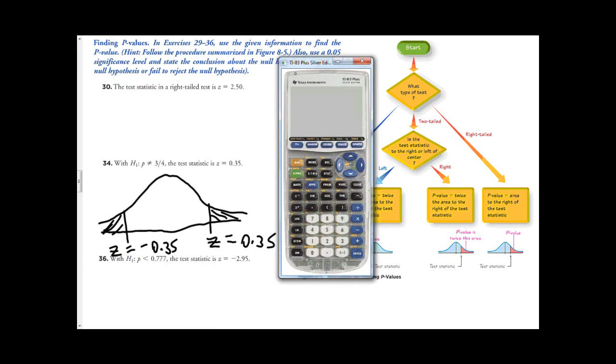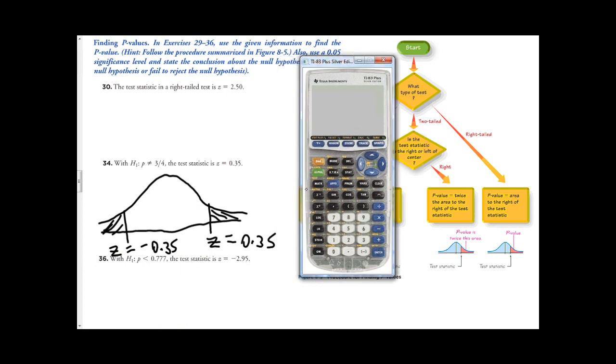Once again, we're not using the inverse norm like we were before. We are using the normal CDF because we're looking for the area. So we go to second distributions, normal CDF, which is number 2, and from there we are going to plug in our left endpoint, which is 0.35.